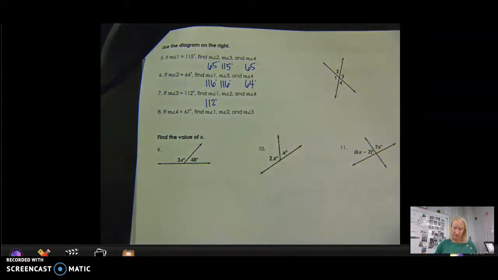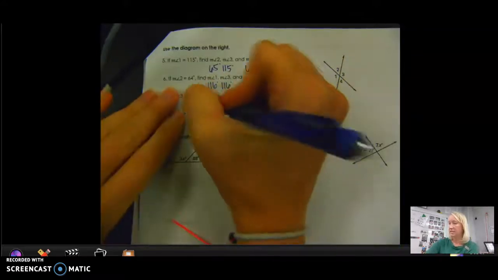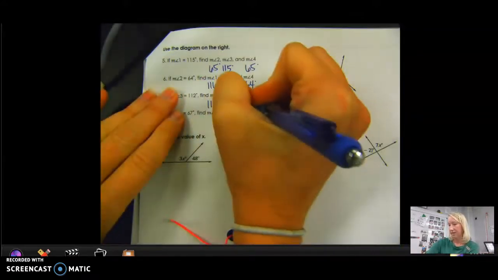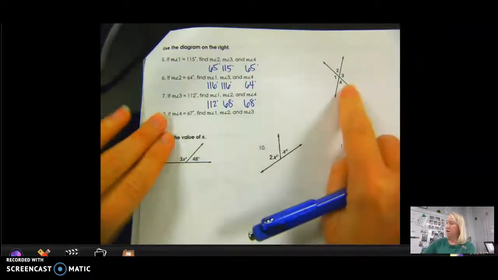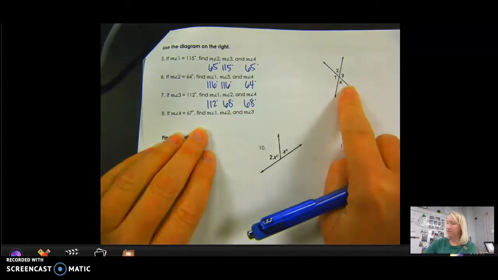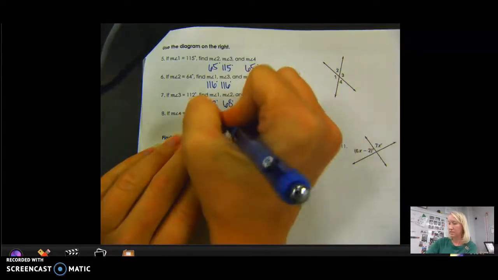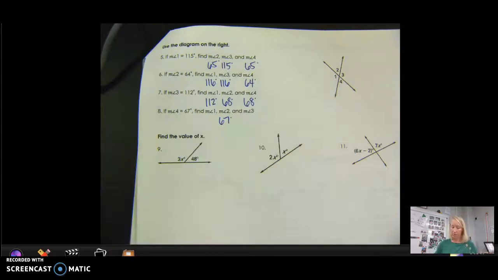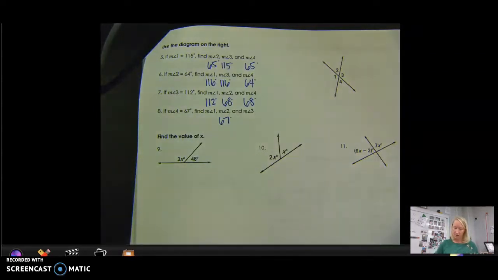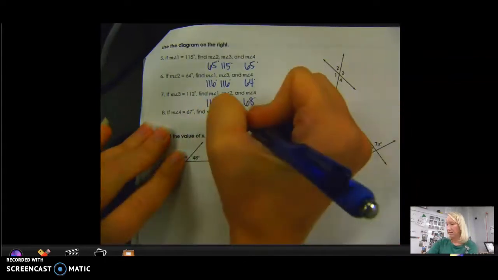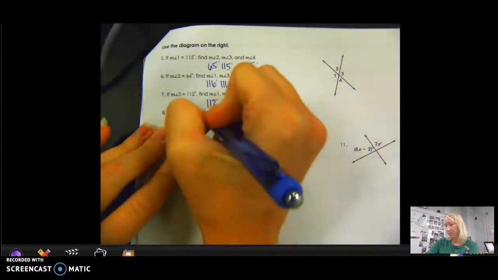So 180 minus 112 is 68 and 68. 4 is 67, so that means 2 is 67 because they are vertical. 1 and 3 would be supplementary to those, so 180 minus 67. I should have known that. It's only one more than that, right? So 113 and 113.